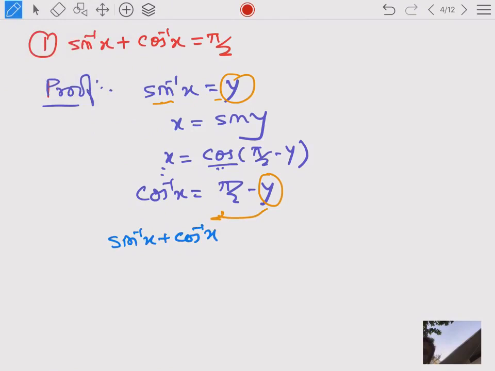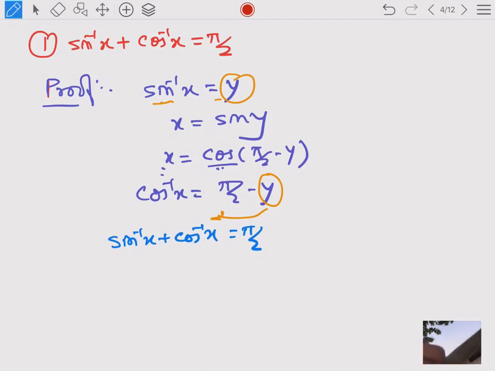It is a very easy formula, and it will be used in many places, in inverse trigonometric functions, in applications of derivatives and integrals.